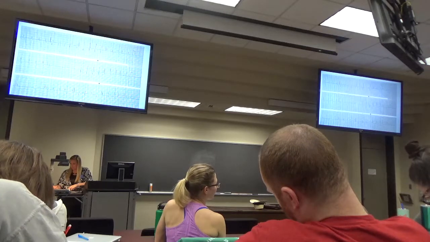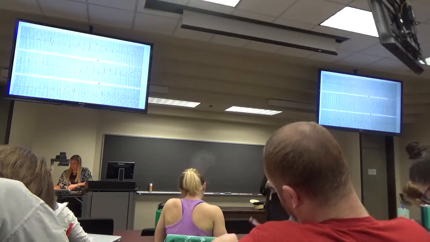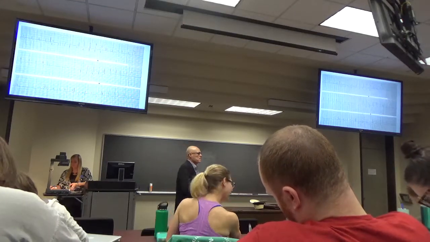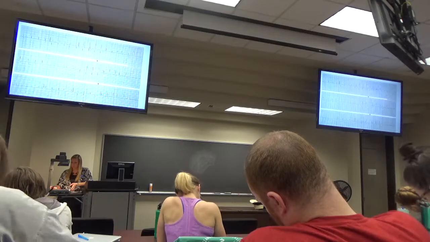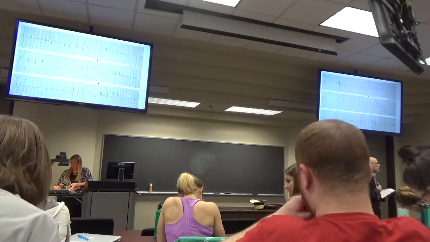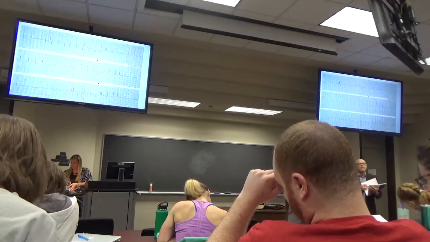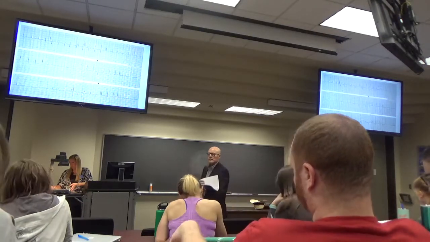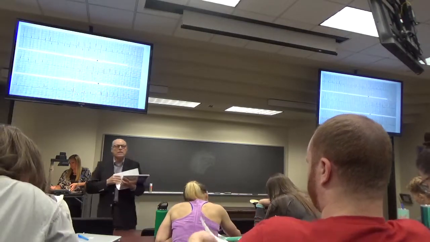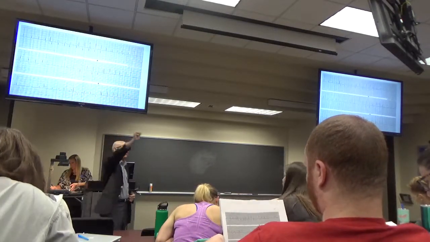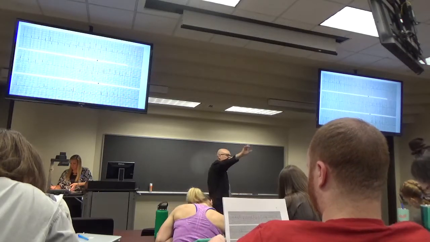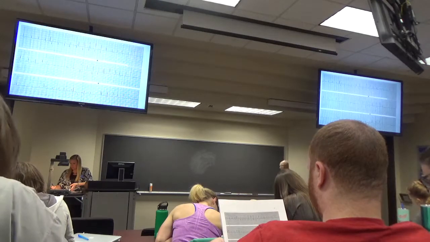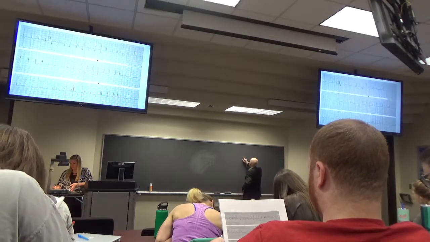But the problem is this is a right bundle branch block, and there's no RSR prime in V1. That's the reason the question is there. This is a right bundle branch block, QRS 0.12. Did everyone get 0.12? Look at V1 and look at V6. The telltale sign for a right bundle branch block, besides the rabbit ears in V1, is this wide, swaggering S-wave.